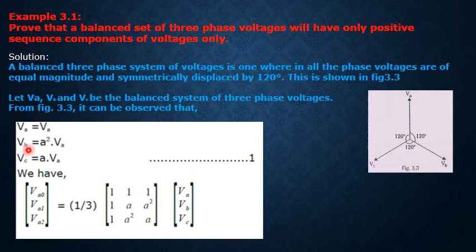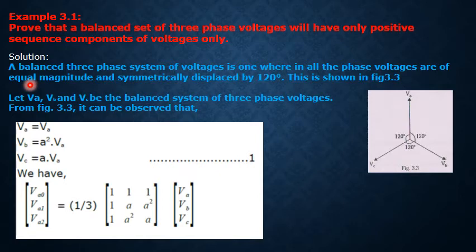And VB. As we consider VA as the reference vector, with respect to VA the voltage VB is making an angle of how much? 120 plus 120, that is nothing but 240 degrees, having a magnitude of 1. As we assumed the given system is balanced, all the magnitudes are equal to each other.